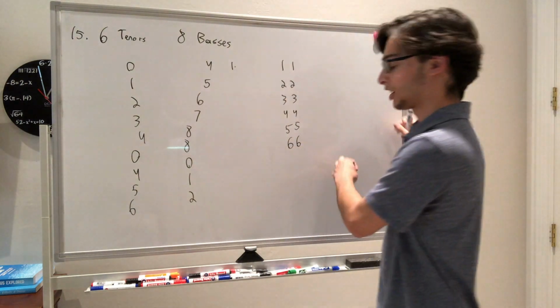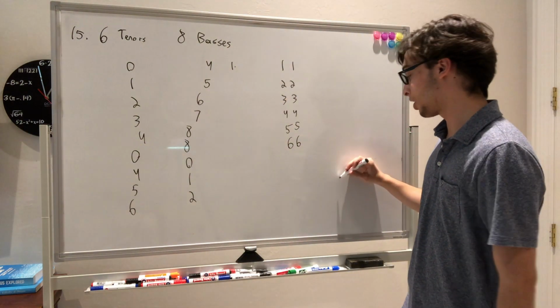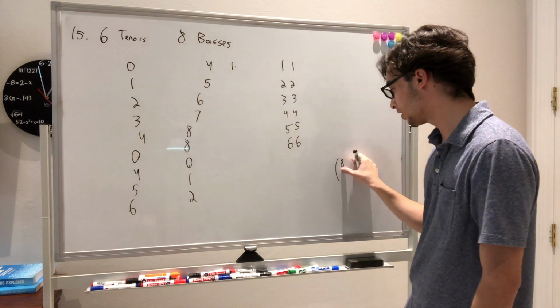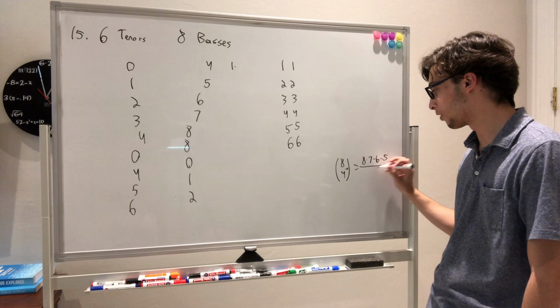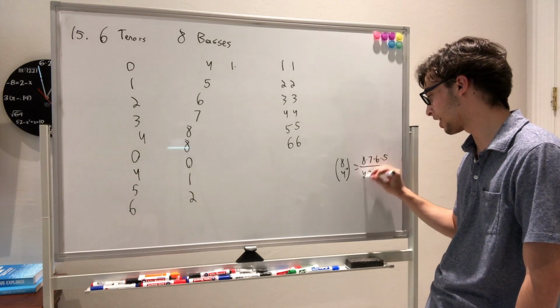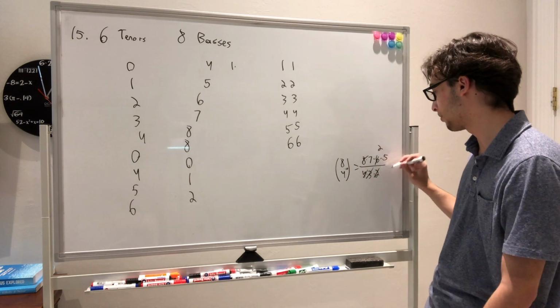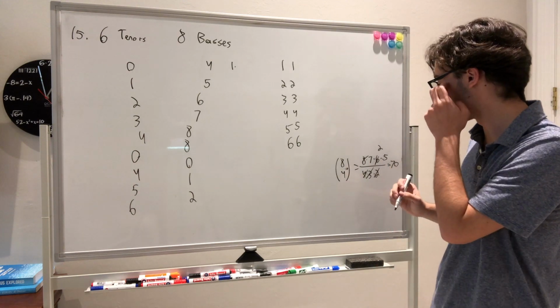I'm going to write this off the side because we're using these numbers a lot. So 8 choose 4 is equal to 8 times 7 times 6 times 5 over 4 times 3 times 2. So these cancel here, giving us 10 times 7, which equals 70. So 8 choose 4 is equal to 70.